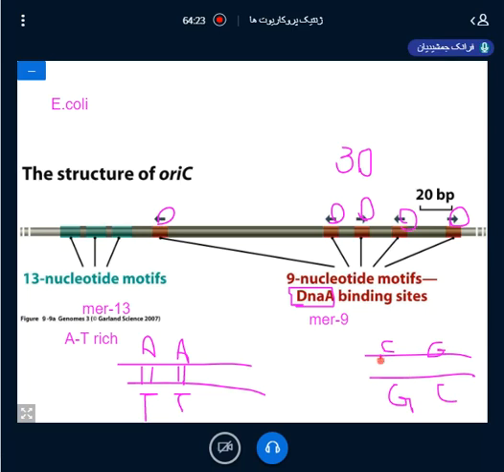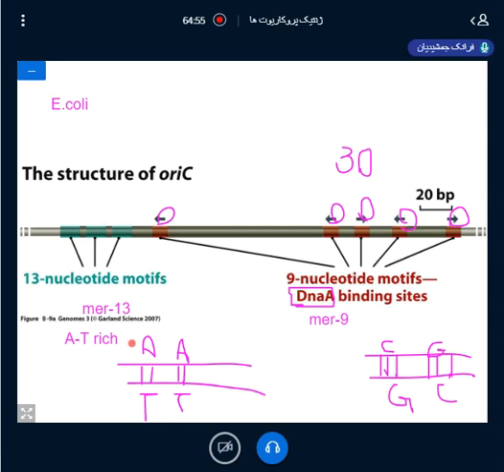How many hydrogen bonds? 3. Which bond is more strong? 3. It means CG. If we have a CG domain in our DNA, our hydrogen bond is stronger.